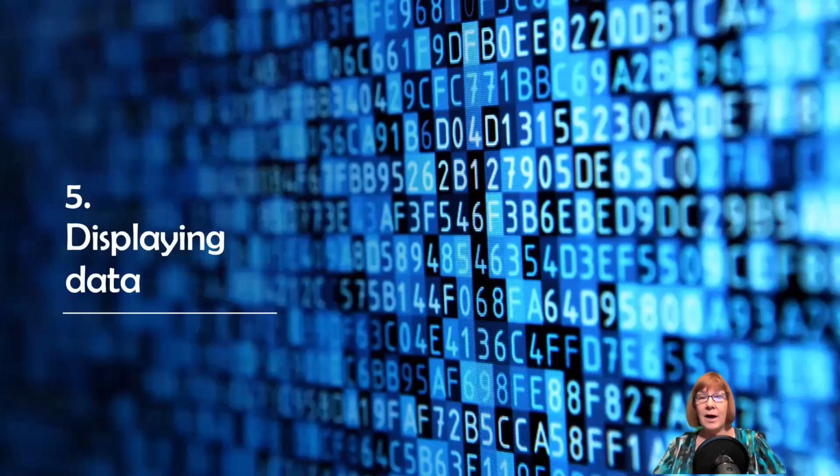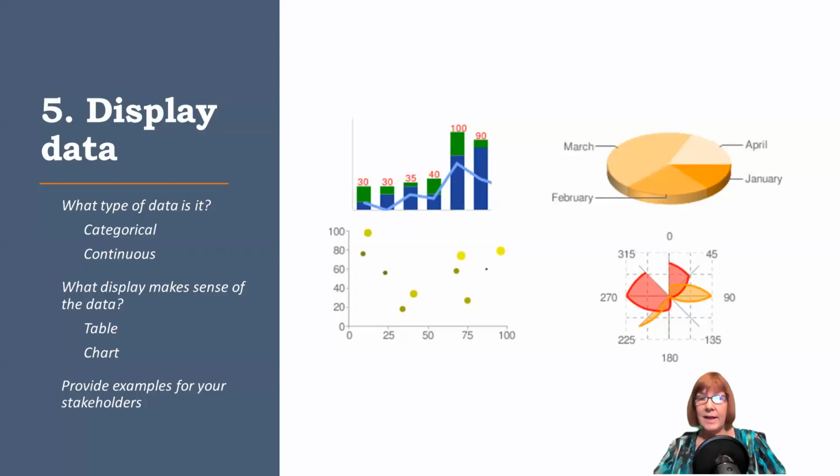Then you need to think about how it's going to be displayed. So you have to ask yourself, what type of data is it? Is it categorical or continuous? Categorical, a lot of times you may do like a pie chart or a Pareto chart. Continuous, you may do some kind of a line chart, a run chart, or something along those lines.